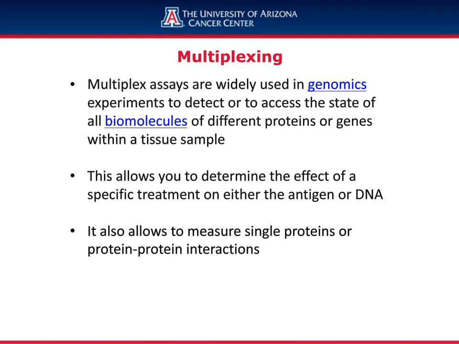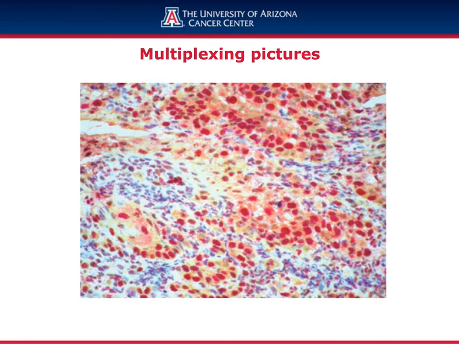Multiplexing has been used in genomics, and it's been used to detect biomolecules, both protein and genes in tissue. This allows you to determine the effect of a specific treatment that you're using, or to see if this antigen or DNA is expressed in your tissue.